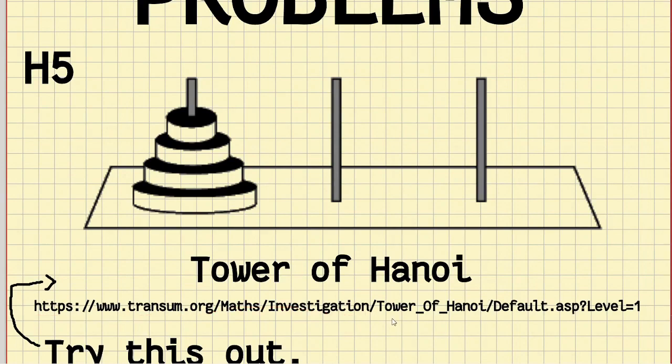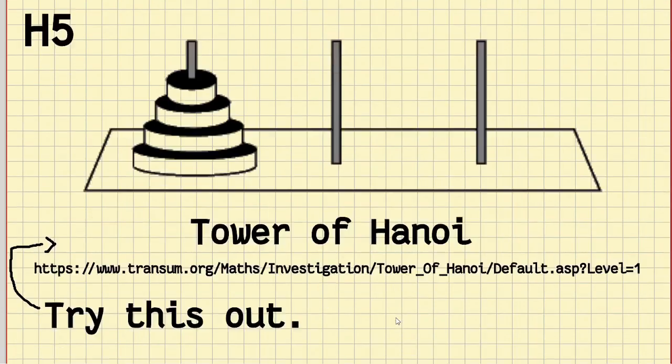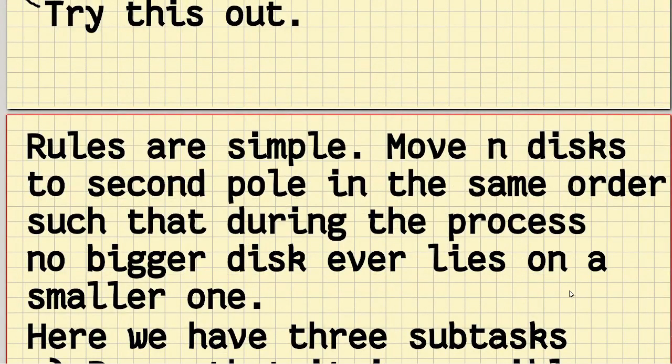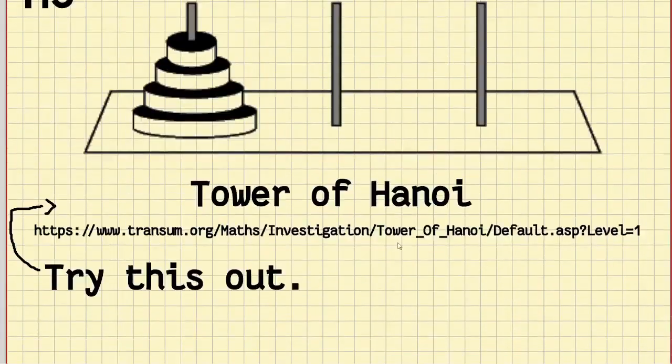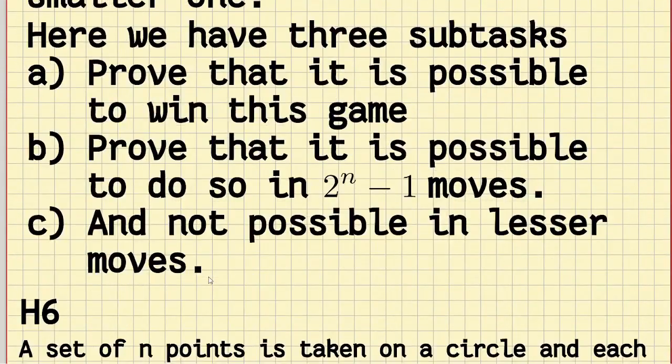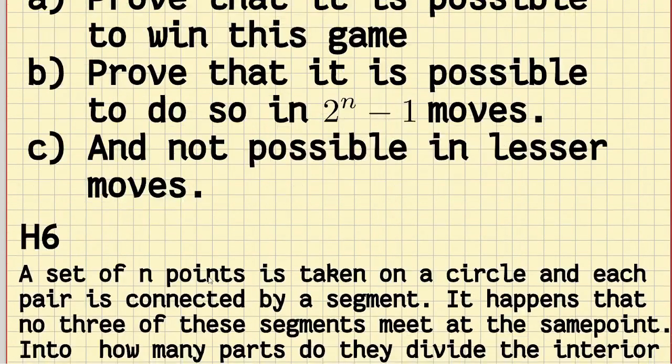You can actually try the Tower of Hanoi out there. You can play it a little bit to get familiarized with how this game works. And I have written the rules here for you. These rules are important, but after playing a bit, you will eventually get familiarized with them.